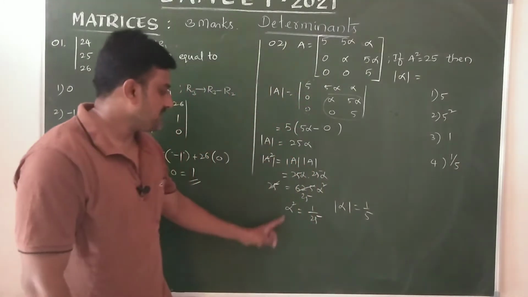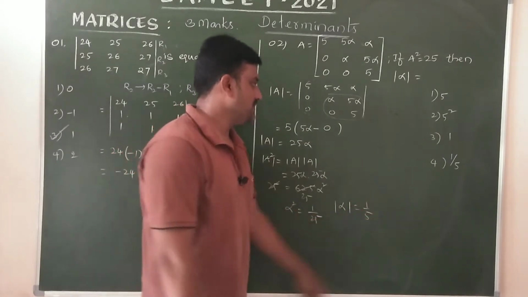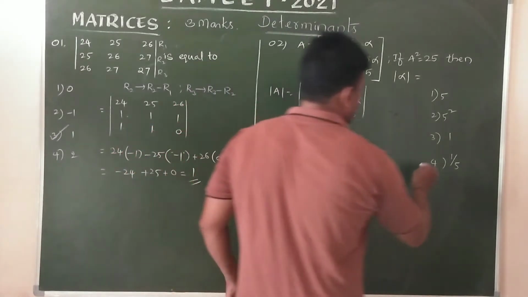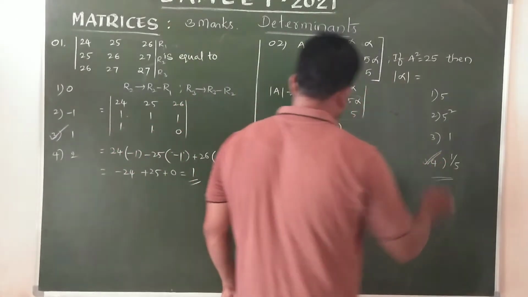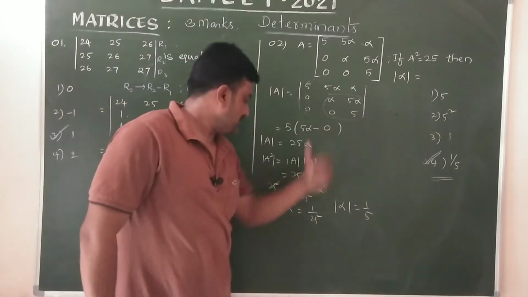Because alpha equals plus or minus 1 by 5, so modulus of alpha equals 1 by 5. The option is the fourth. Det A square is given as 25.